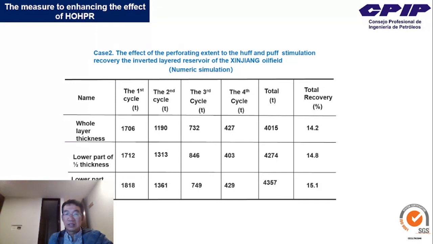In this one, the second and the third case are better than the first one. So we can say if we perforate the lower part of the thickness, we can get better production.